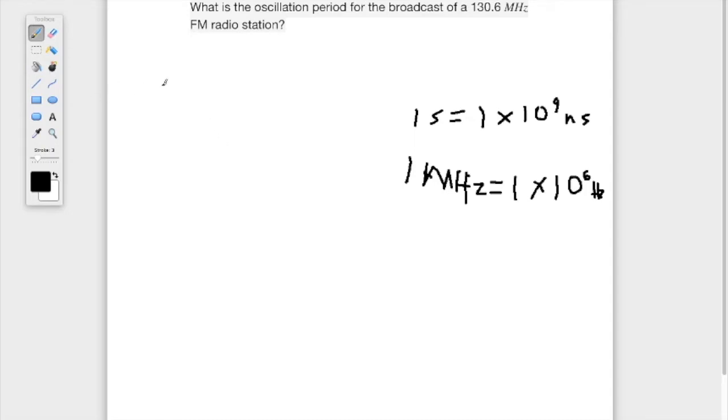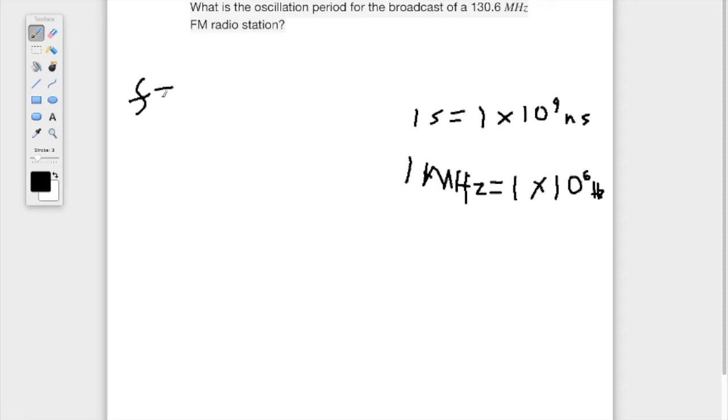So, I have the conversions right here. 1 megahertz equals 1 million hertz, and 1 second equals 1 times 10 to the 9th nanoseconds. So basically, let's convert to hertz.